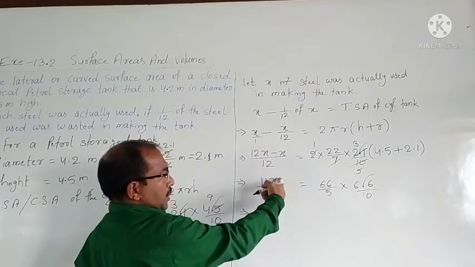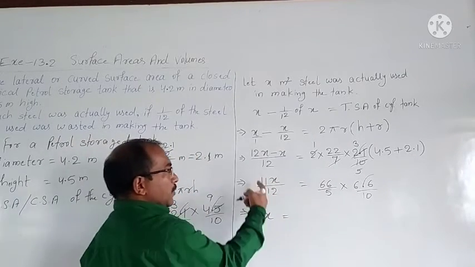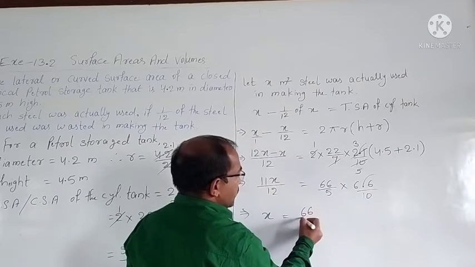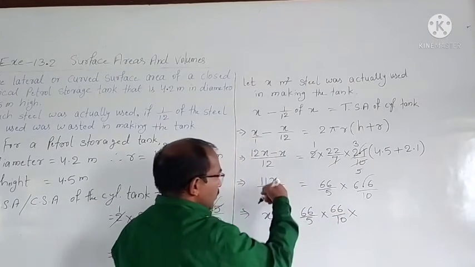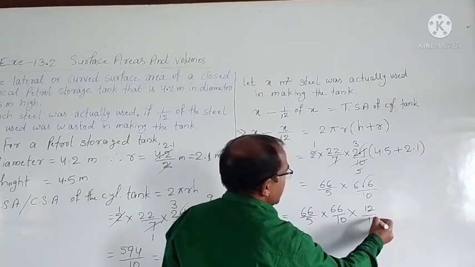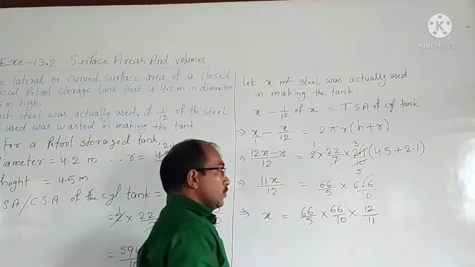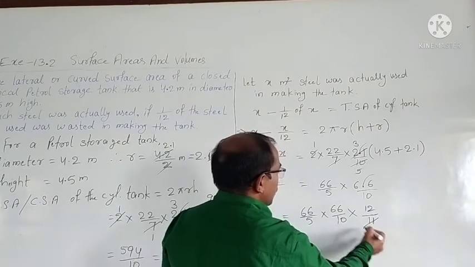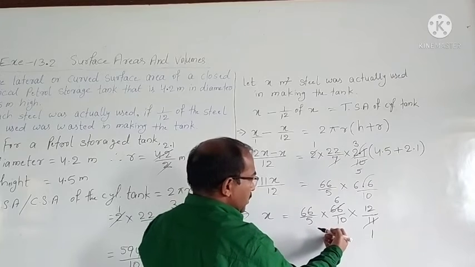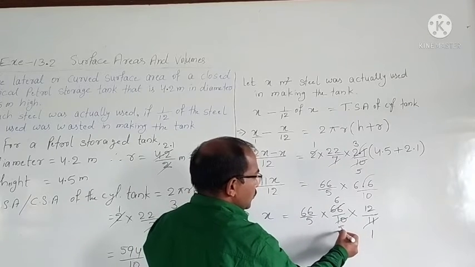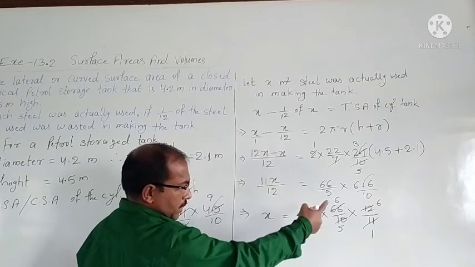Now what we see? We need x, how much steel was actually used. 11 by 12 we take to the RHS, so 66 by 5 into 66 by 10, and when 11 by 12 comes across, it will become 12 by 11. We know it will change the sign: numerator will go to the denominator, and denominator will come to the numerator. Let's now simplify. 11 ones are 11, 6 sixes are 6. Now this 10, let us cut this also. 2 fives are 10, 2 sixes are 12. Finally, we are not able to cut any number.